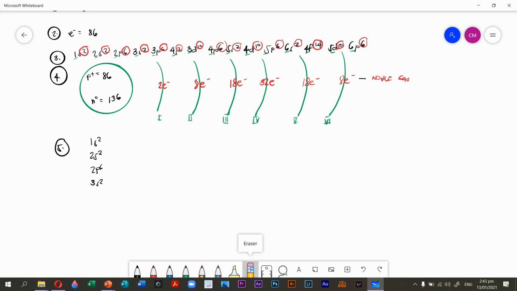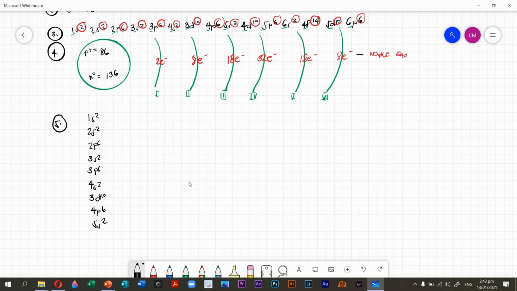Okay, so after 3s2 comes 3p6, and then 4s2, and then 3d10, and then 4p6, and then 5s2. I know, mahaba yung solution natin.